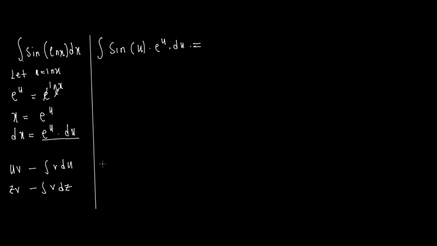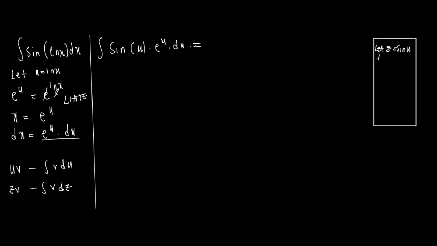So following the word LIATE, even in this one, LIATE says the one that we should let to be u, between a trigonometry and an exponential, it should be a trigonometry. So we're going to say let z, which is now our u, be equal to sine u.